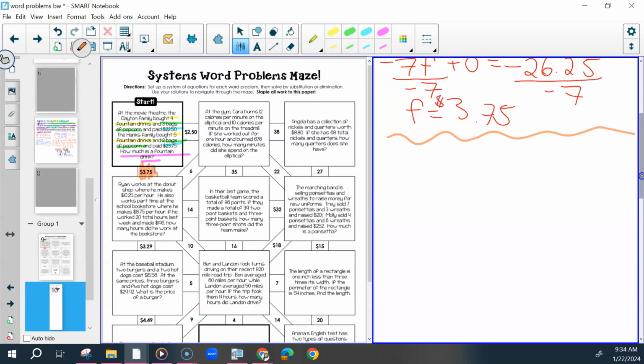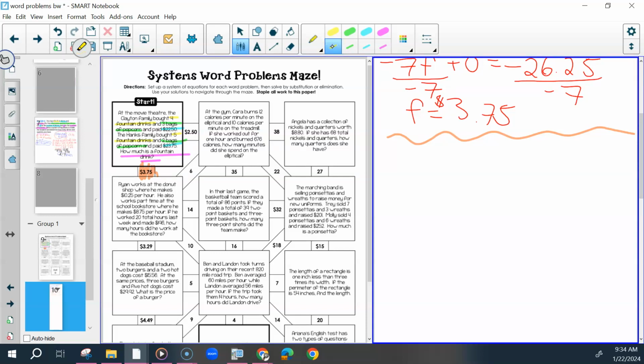Alright. Ryan works at the donut shop where he makes $10.25 per hour. He also works part-time at the school bookstore where he makes $8.75 per hour. If he worked 20 total hours last week and made $196, how many hours did he work at the bookstore? So what's important here?